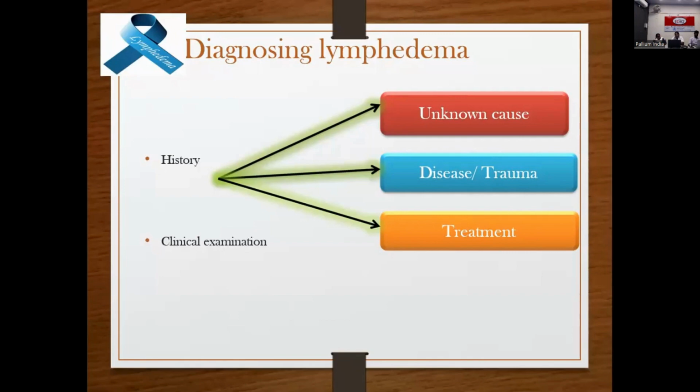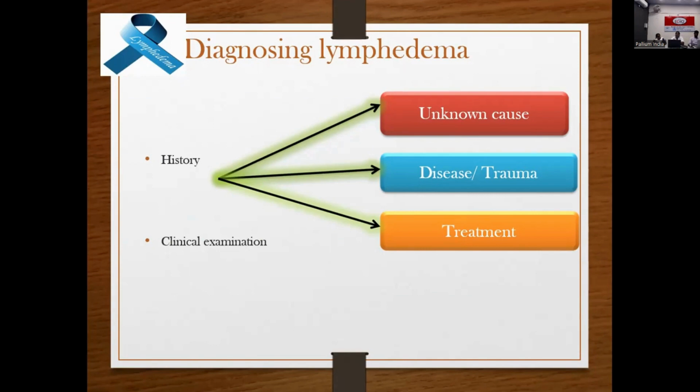During collection of history, we have to keep some points in mind. The first is unknown cause. You take the history of whether any edema is developing without any reason.